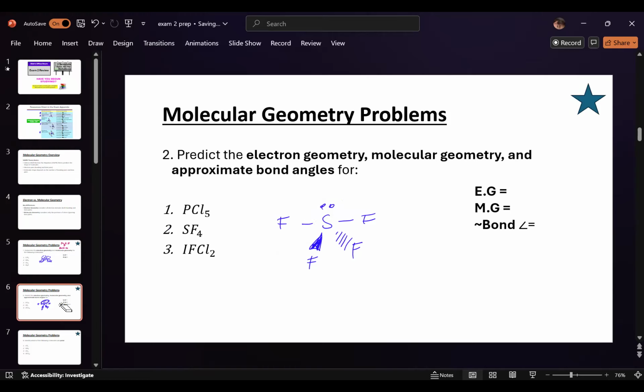Okay, so it's not exactly 120 and 90 degrees. It decreases because you have an excess of electrons.